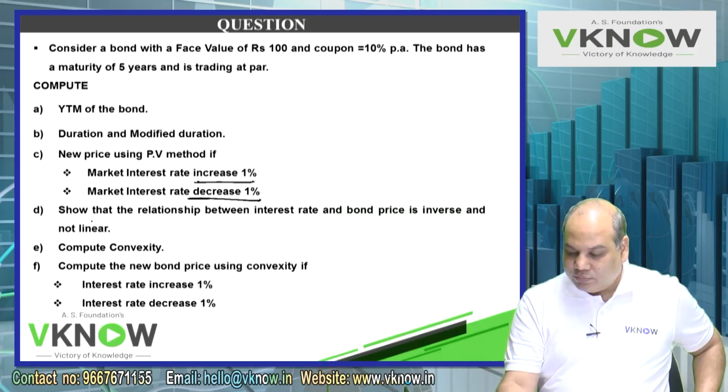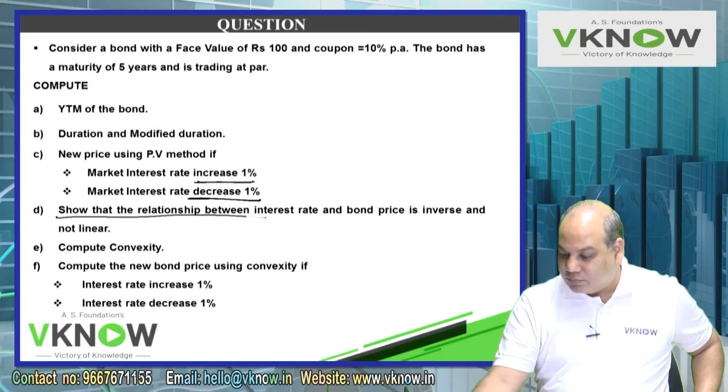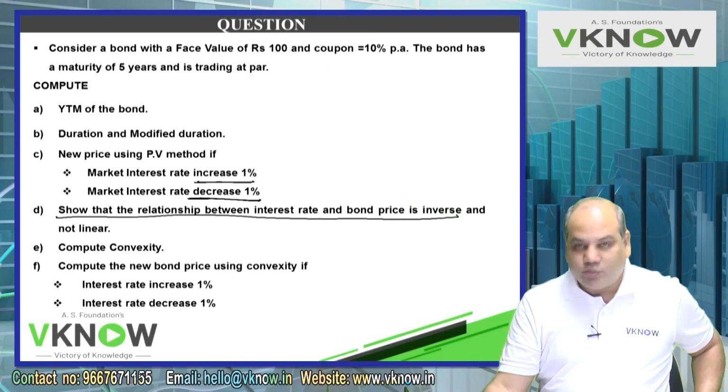Next question, show that the relationship between interest rate and the bond price is inverse. That's a very wonderful question after solving so many questions. The relationship is inverse but not linear.